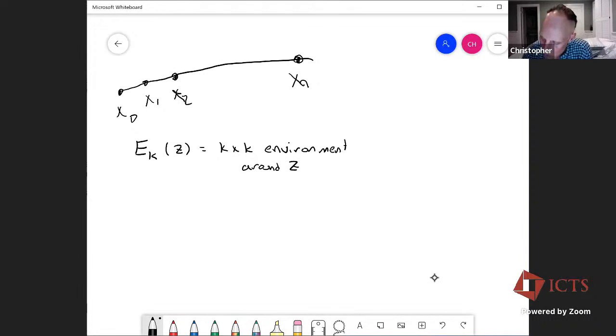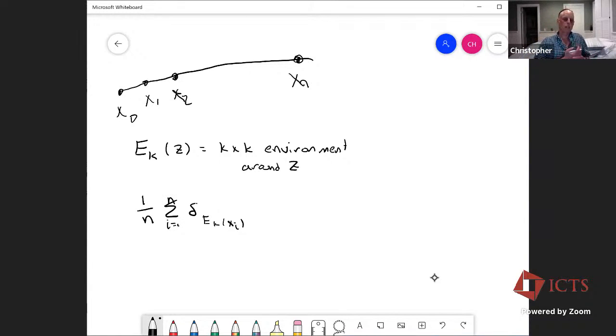And then I want to look at 1 over n, the summation of point mass at e_k of x_i, where the summation goes from i equals 1 to n.